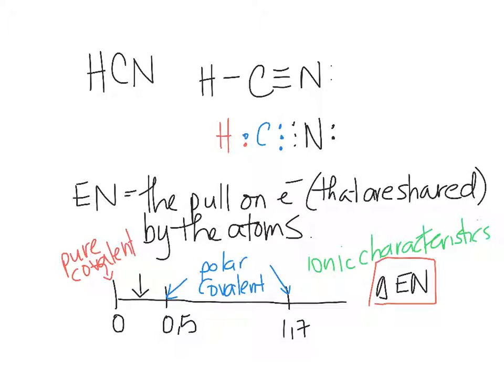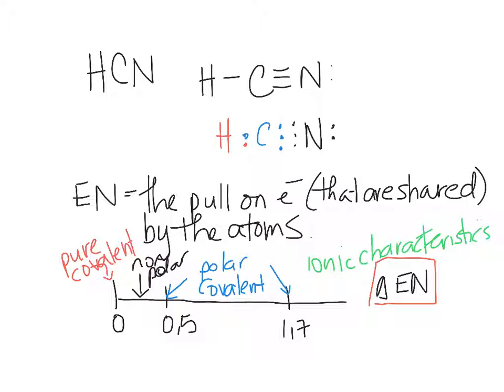If it's 0.5, it's already taken. It's polar. That leaves between 0.1 and 0.4. If you're in here, you are non-polar. That means there's a little bit of a shift, but not enough to be important.